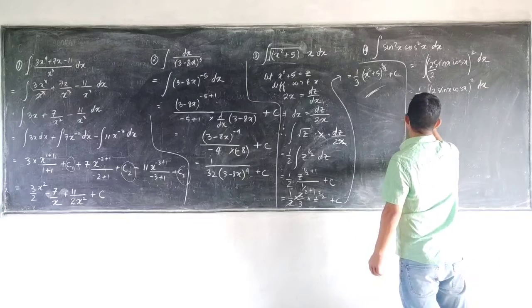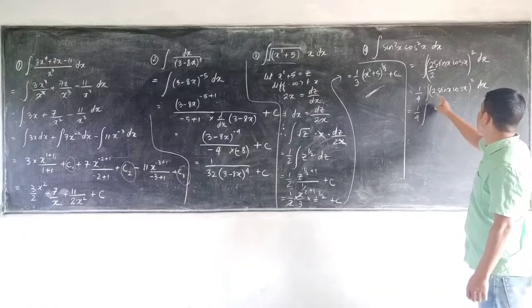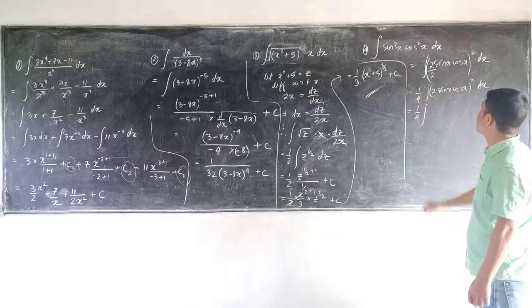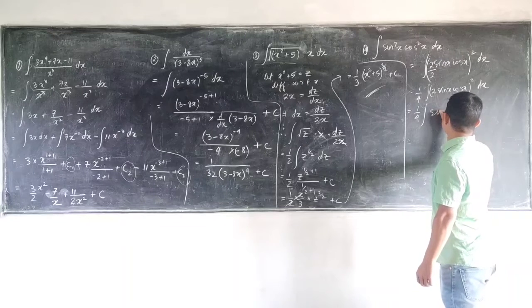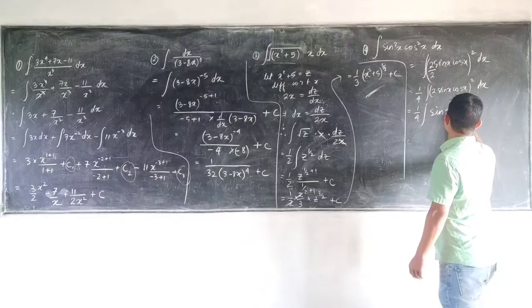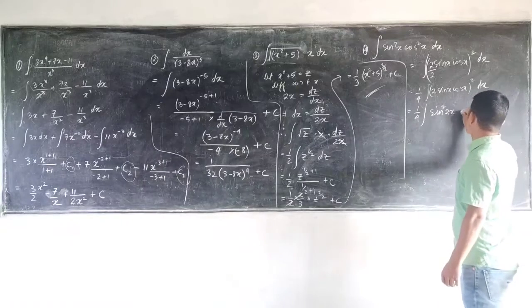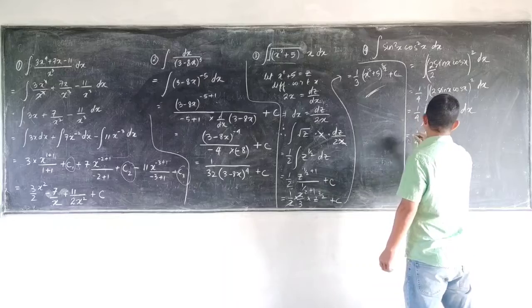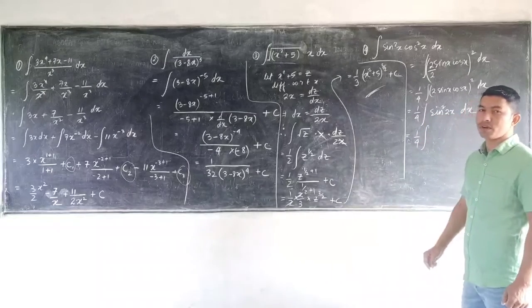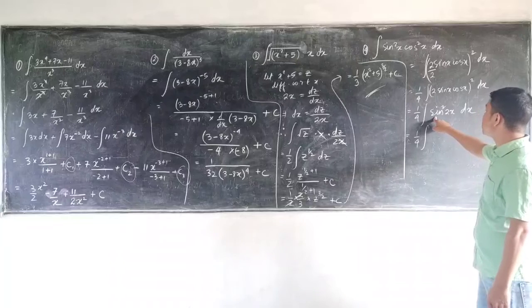So this will be equal to 1 by 4 integration of, now if you remember the formula of trigonometry, 2 sine x cos x, what will we get? We'll get sine of 2x whole square. Okay, so I'll write sine square of 2x dx. So again, this will be equal to 1 by 4 integration of, now if you go back again to the formula of multiple and submultiple, I can write this in terms of cos.